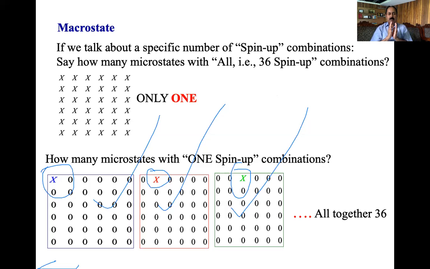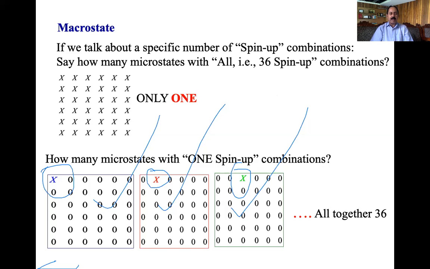So what we see here is that if only one cell will contain spin up, then in 36 ways we can arrange it. Each and every cell will be the one spin up. So out of these 36 cells, you can arrange in 36 ways.